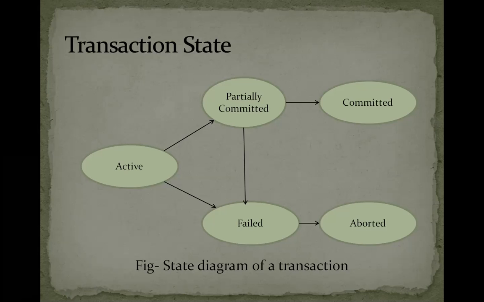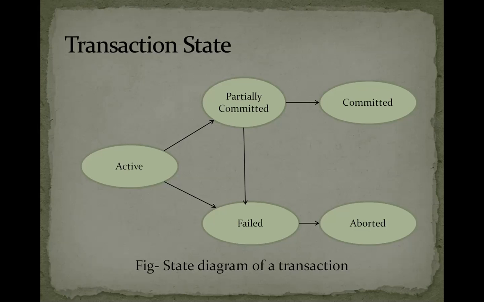So once a transaction has committed, we cannot undo its effect by aborting it. It's not possible. The only way by which we can undo the effects of a committed transaction is to execute a compensating transaction. How can it be done? Let us take an example.